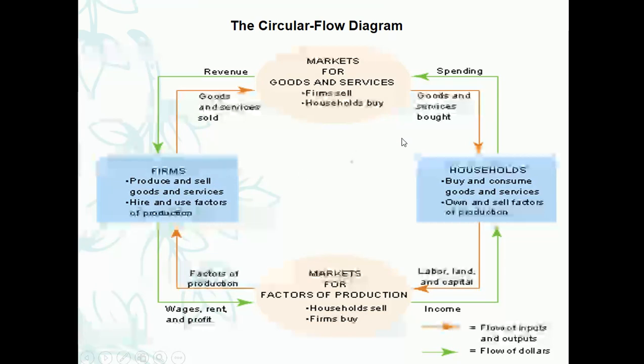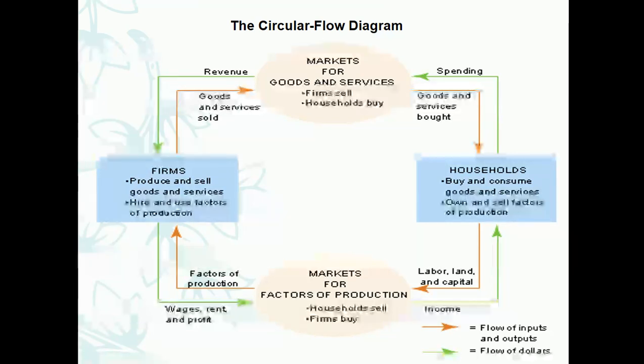In this diagram, the green arrows represent the flow of income and payments, and the red arrows, or the orange, you are seeing them in orange color, represent the flow of goods and services, including services of factors of production.